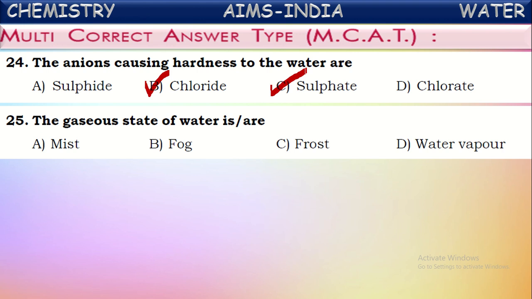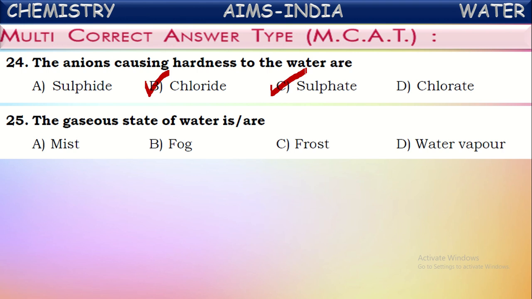So, in the solid state, water exists in the form of ice, frost, snow, hailstones. These all will come under solid states of water, isn't it? And the liquid state, the more familiar one is water itself, and even we can say dew also. These will come under liquid states of water.